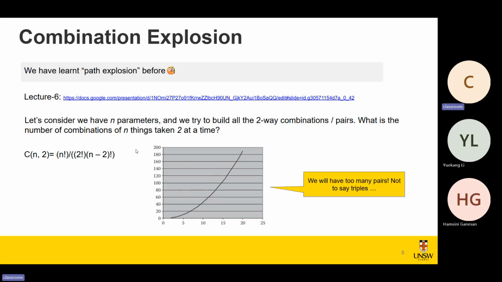If the value of t becomes larger, then we could have many more combinations to test. So this is the problem of combination explosion.